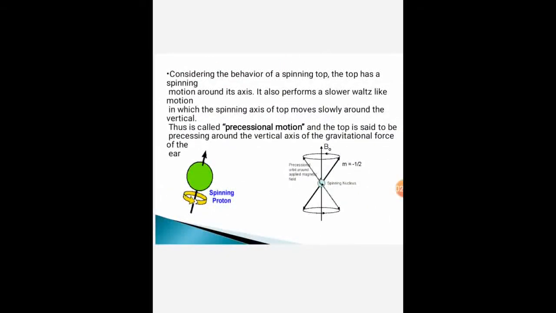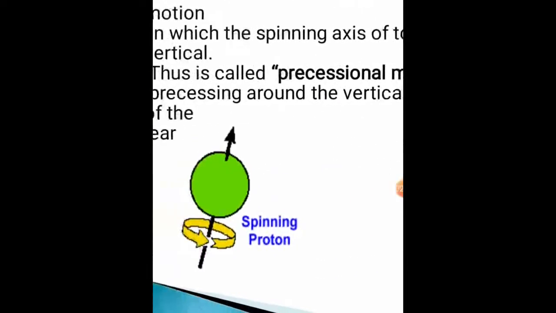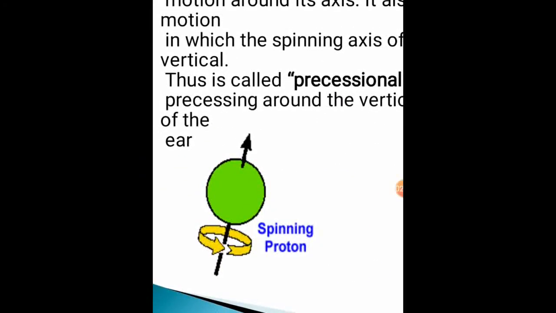Now let us see the behavior of a spinning top. The top has a spinning motion around its axis. See here in this diagram. While rotating around its own axis, it also has another type of motion. We call it precessional motion.